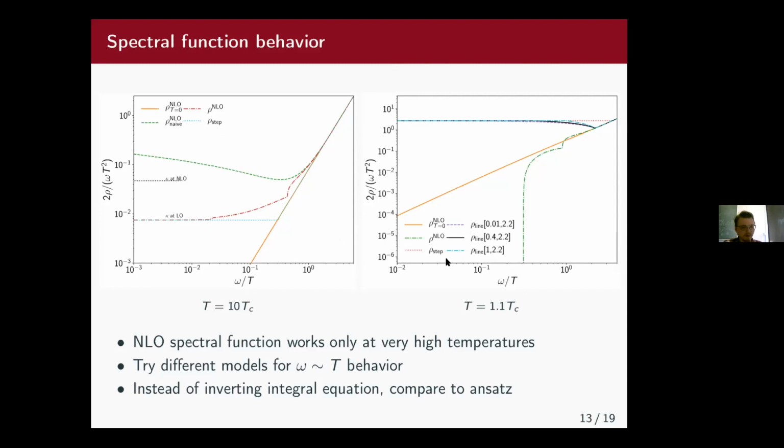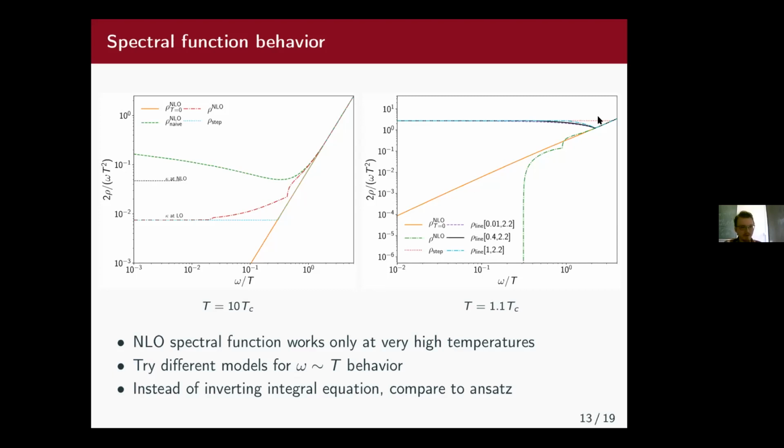And then we have a bunch of other different models. So we have these line models where we basically follow the infrared up to some point, say 0.01. And then we have a direct triangle or a line matching to the UV behavior at some point, say 2.2.